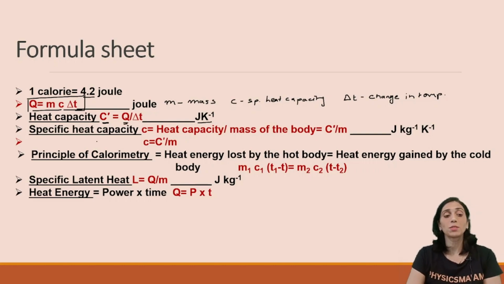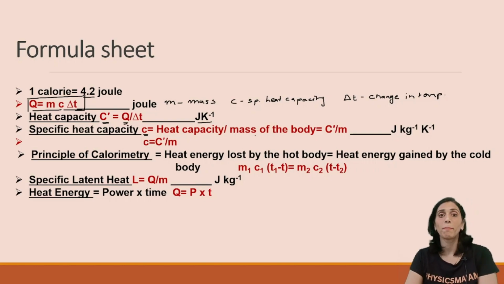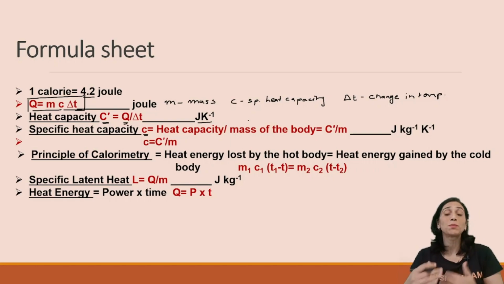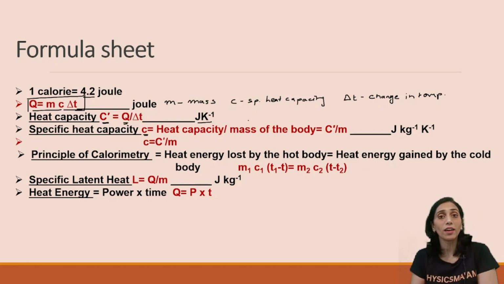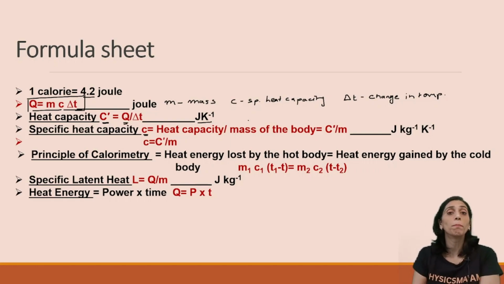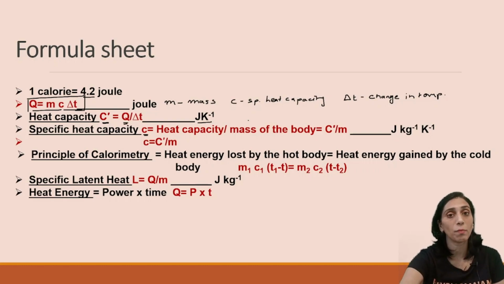Now next is your specific heat capacity, which we denote by small c, right? Heat capacity is capital C with a dash and specific heat capacity is a small c, which is equal to heat capacity divided by mass of the body. Because it is specific. What does specific mean? Specific to a particular mass. How much is the mass? Unit mass. So if we measure for unit mass, we call it specific heat capacity, right?